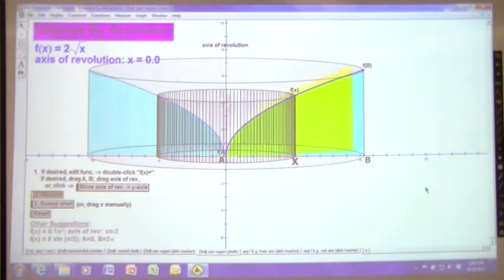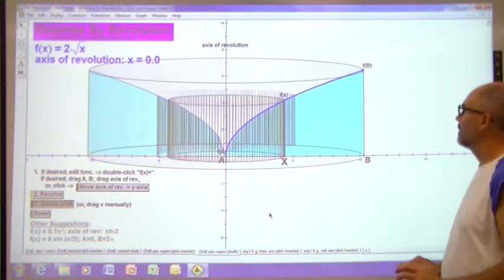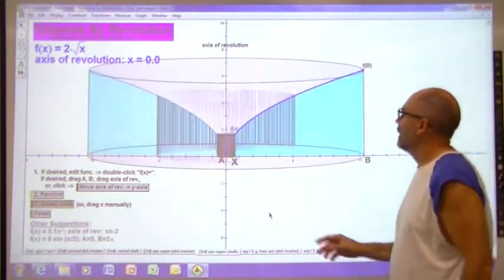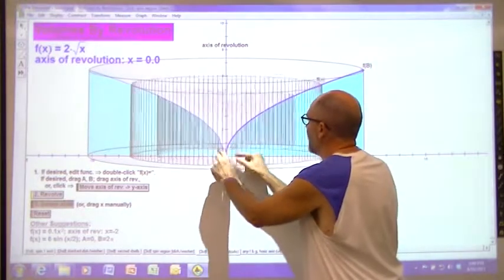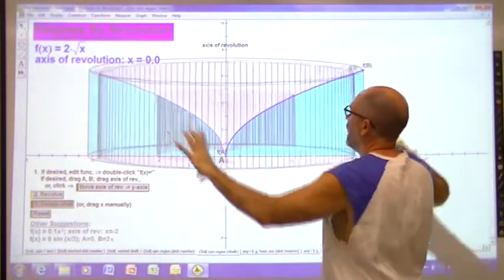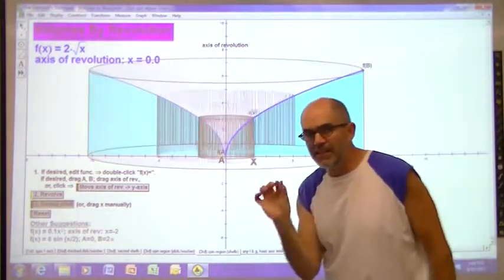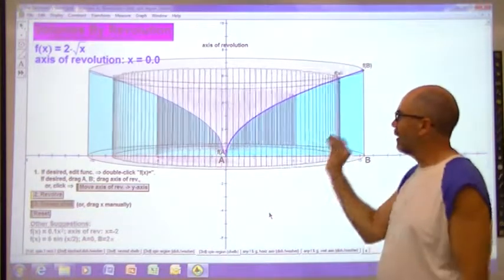So with infinitely many shells, it's going to look like this. See, the first shell's a tiny little shell in here, and then the next one gets bigger and bigger and bigger. So we have infinitely many shells of infinitesimally thin walls.